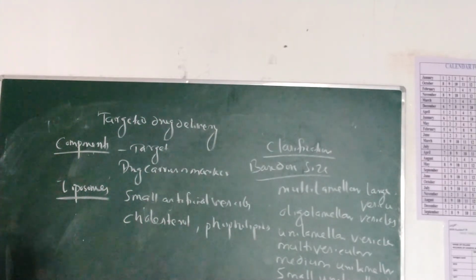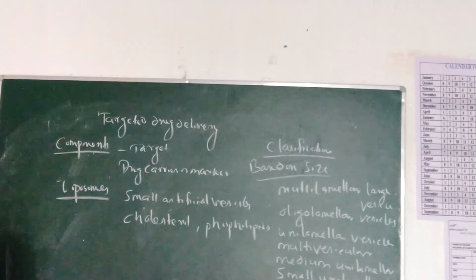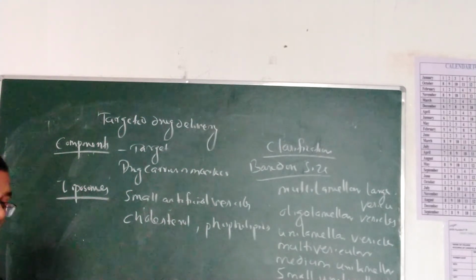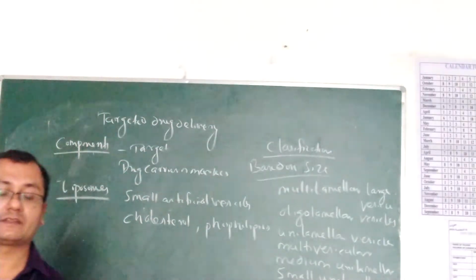In the detergent removal method, different detergents like cholate, alkyl glycosides, and Triton X are removed from the mixed micelles by dialysis, column chromatography, and dilution. These are the different passive loading techniques.